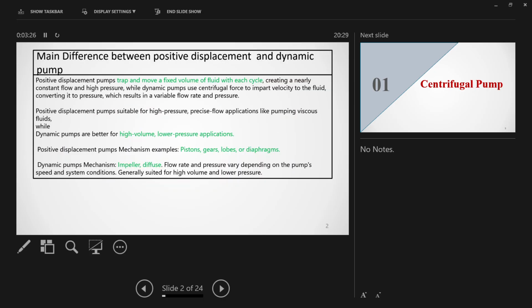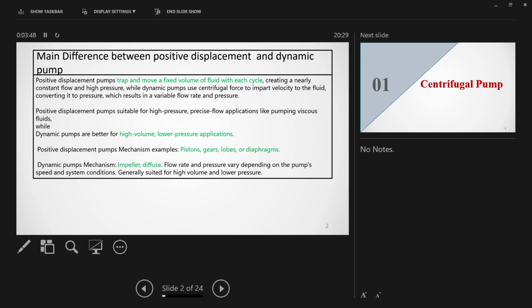So what is the main difference between positive displacement pump and dynamic pumps? Positive displacement pump traps and moves a fixed amount of fluid with each cycle. What does it mean? Every cycle, the positive displacement pump is bound to deliver some fluid with pressure.